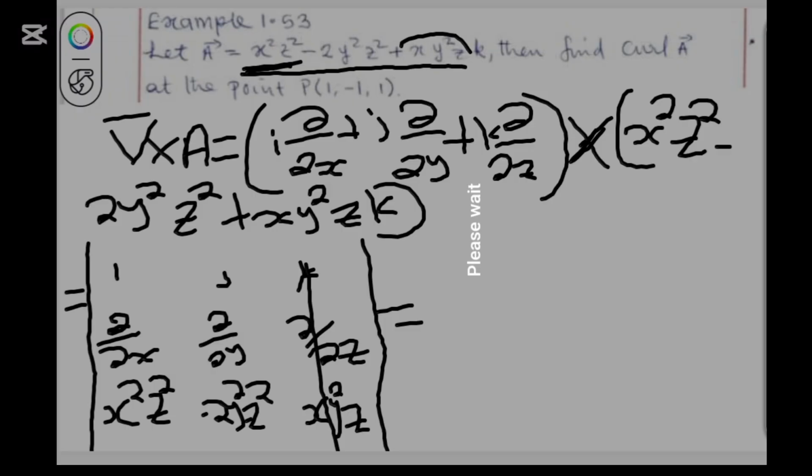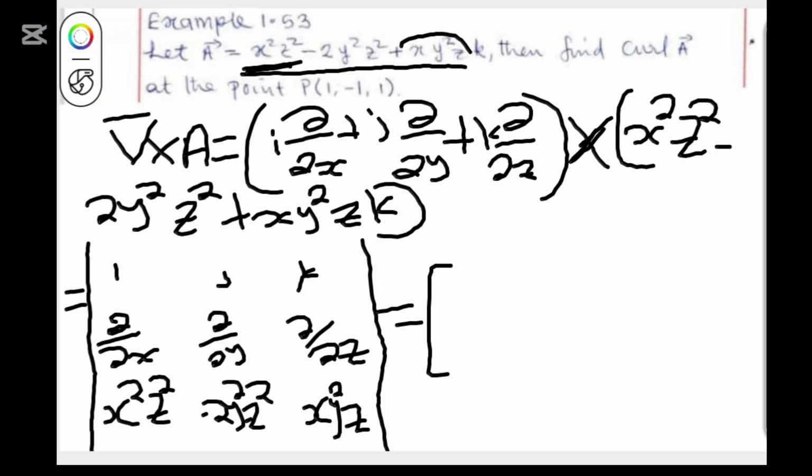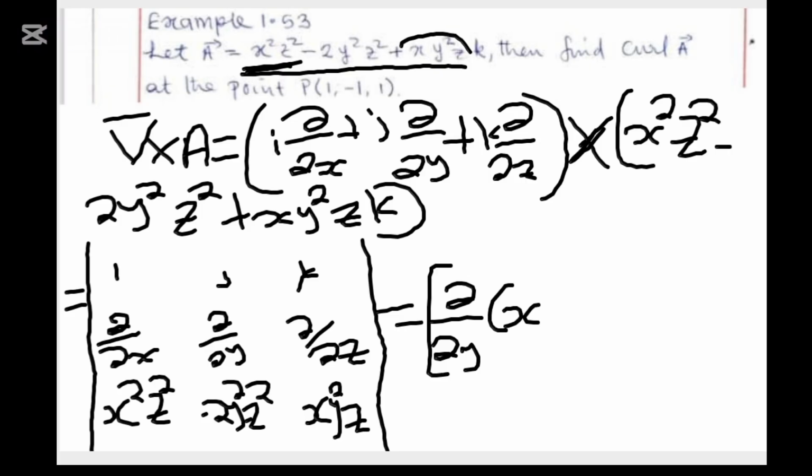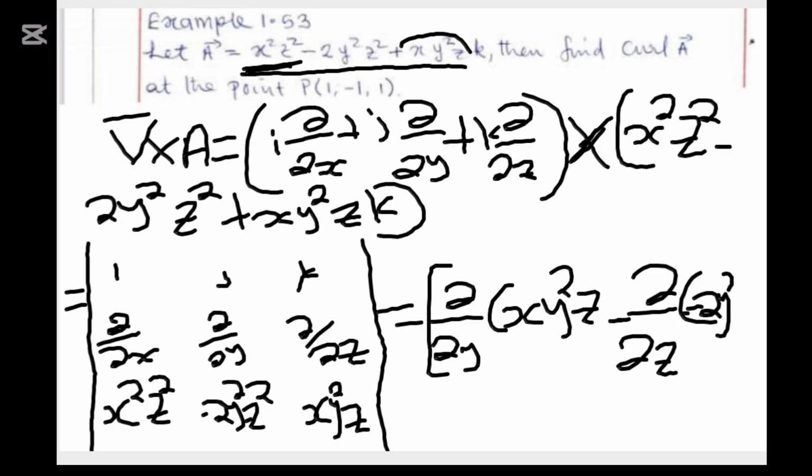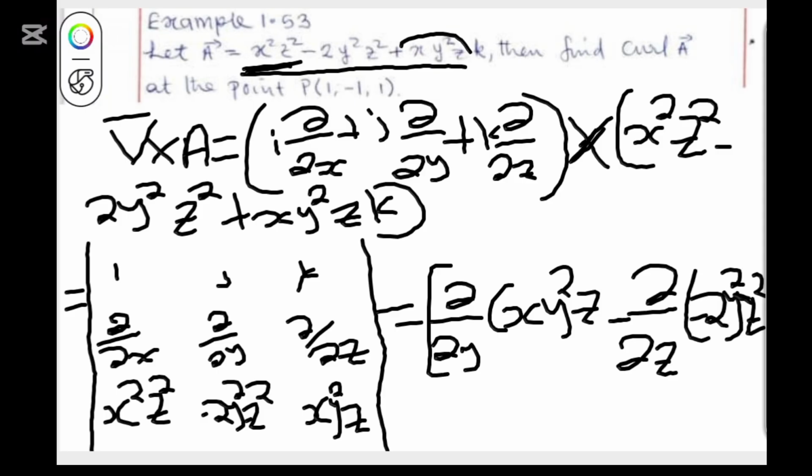So at the end, after doing that, I will be left with the partial of y of x y squared z minus the partial of z of, in bracket, negative 2y squared z squared.